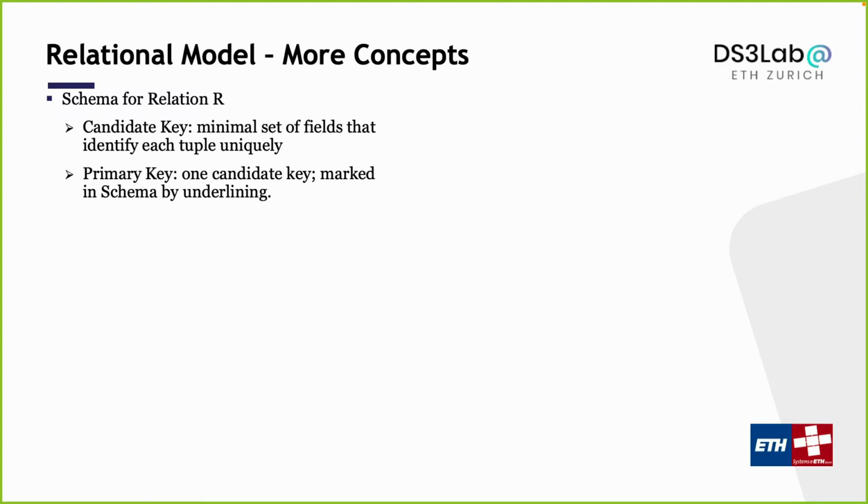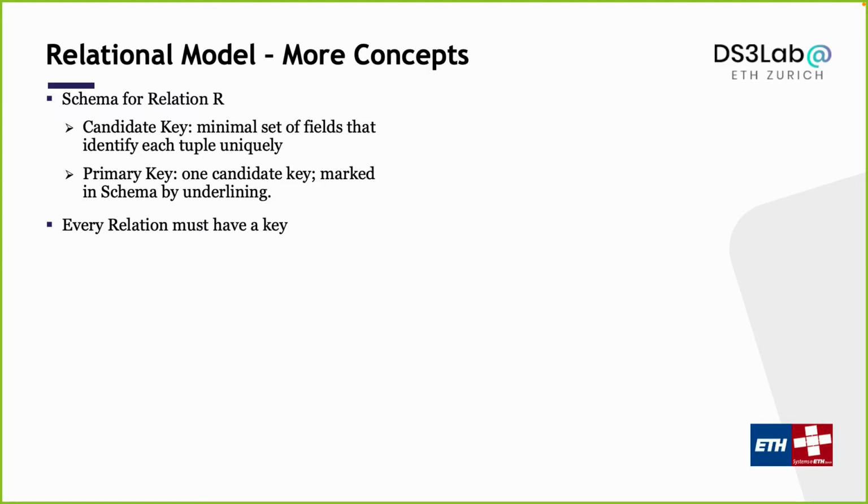When we define the schema, we mark a subset of attributes by underlining it to say this is my primary key. Which means that in this relation that I want to model, if you give me a unique value for all the attributes in the primary key, I can uniquely identify a tuple in any relation instance.